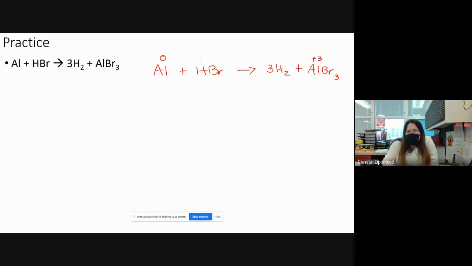And the H is going from a +1 to a 0. Nope, that doesn't balance, does it? Six. And I need 6 of these, so I need to put a 2 here, which means I need to put a 2 here. All right, is that balanced now? I think so.